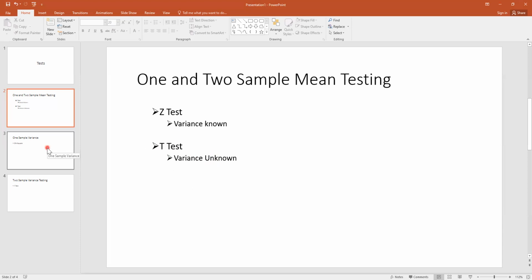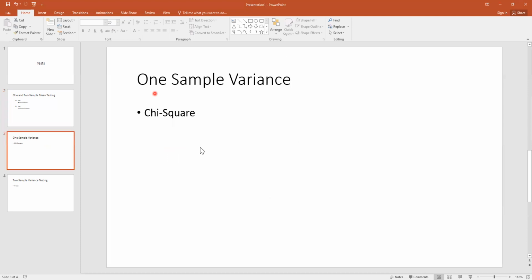So now let us come to the other tests. Other kinds of numericals may involve variance testing, like when we want to test one sample variance or one population variance. In that case, we choose the chi-square test. So the chi-square test is the appropriate test to test variances.